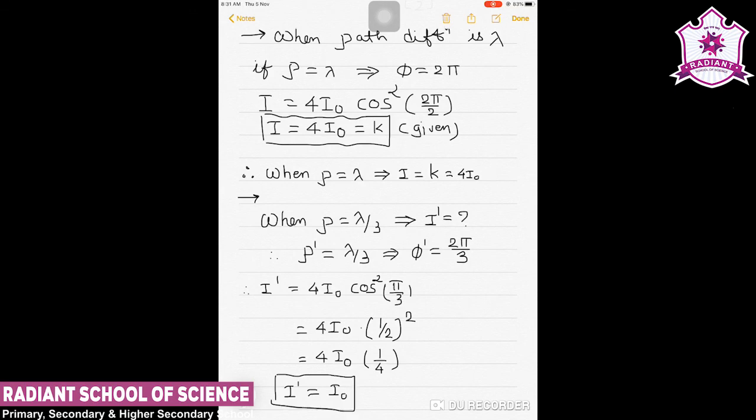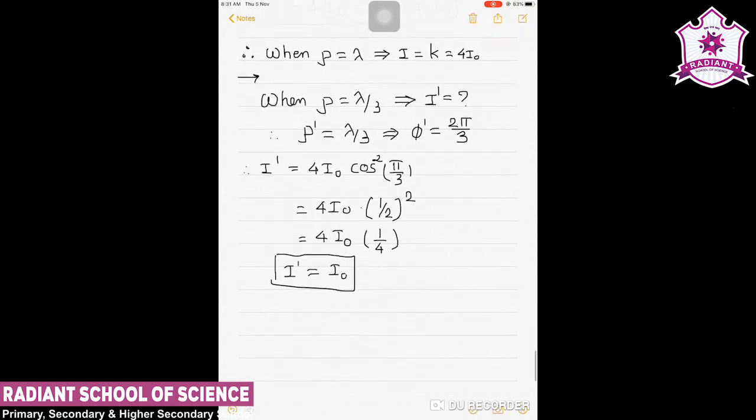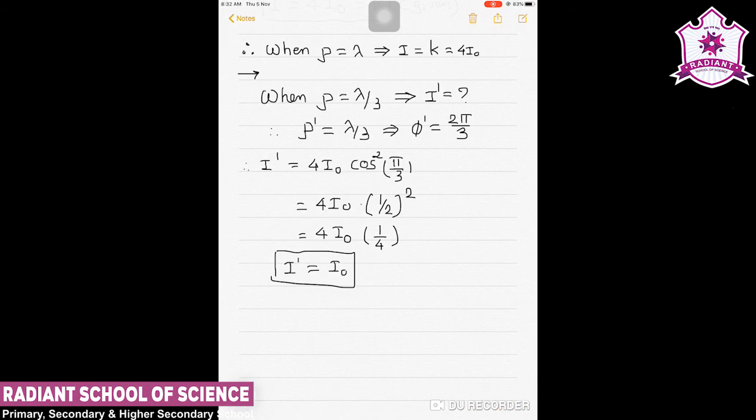Now we have to compare it in terms of k. I dash over I is equal to I0 over 4I0. It is very clear that 4I0 itself is k.